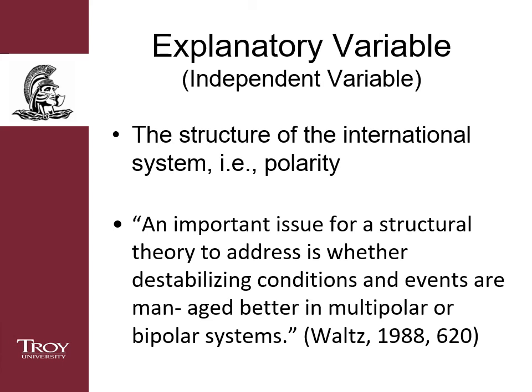This is the explanatory variable, or often known as the independent variable, especially when you do empirical testing. This is the cause to the effect, right? What causes instability, or a period of time to be more war prone and unstable? The polarity, right? And so multipolar, bad.